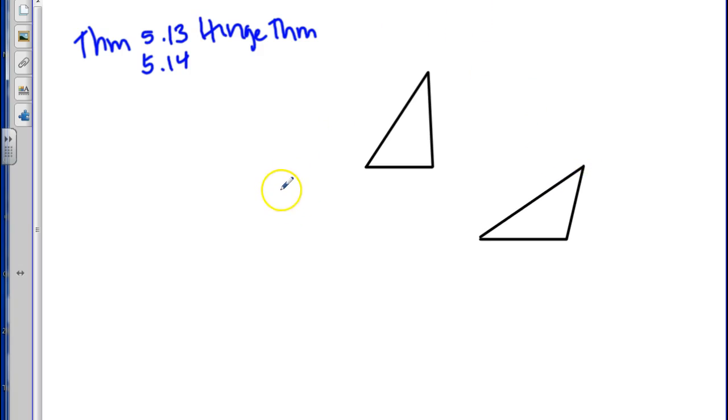All right, so this is ABC, and this is FGH. And we are going to say that these two sides are congruent to each other and these two are congruent. Remember, it doesn't matter what they look like, whether you think they are or not. So this is 43 degrees and this is 35 degrees. I have side AB in triangle number 1 congruent to side FG in triangle number 2.